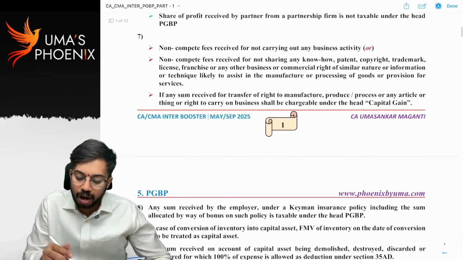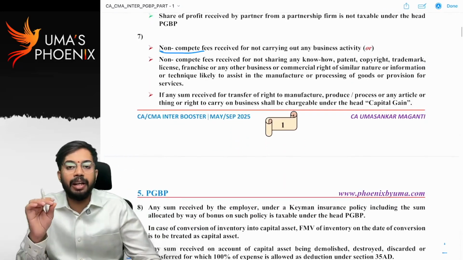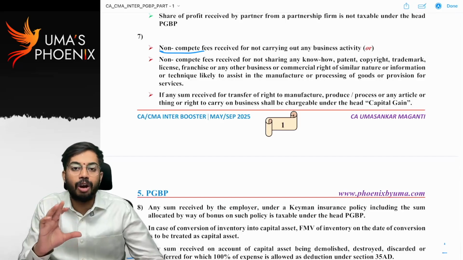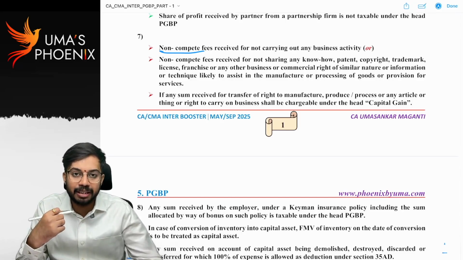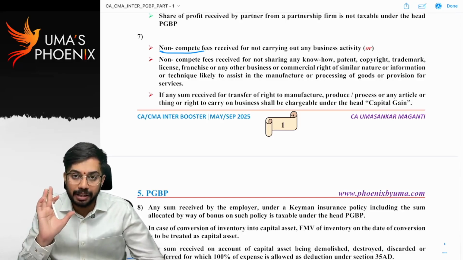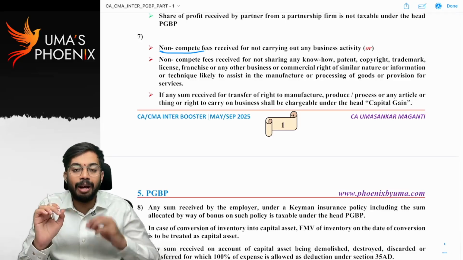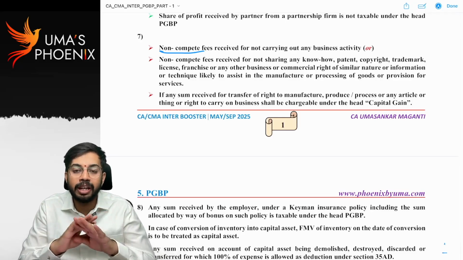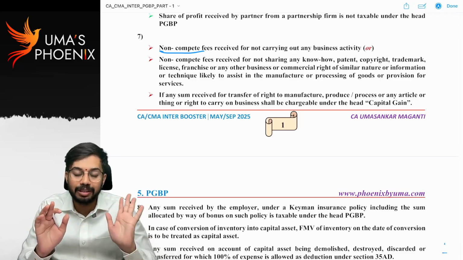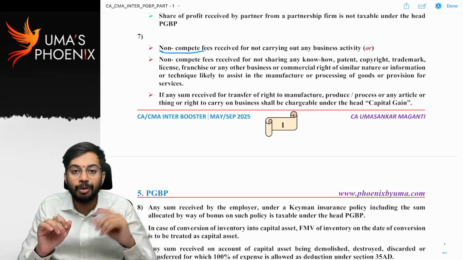Next, non-compete fees. See, if any non-compete fees is received for not giving competition, then whatever non-compete fees is received is considered as income, and that income is taxable under the head PGBP. Is it clear? Right now I am doing online teaching. One person approached me and said, don't teach online, I will give you 20 lakh rupees. So I said I won't teach, and I took 20 lakh rupees.